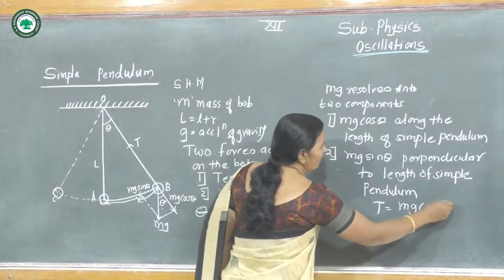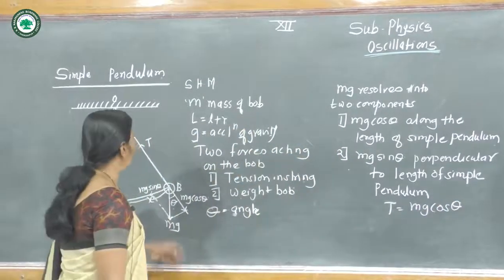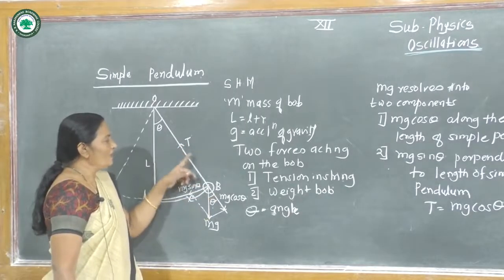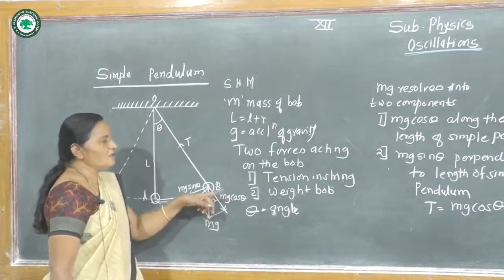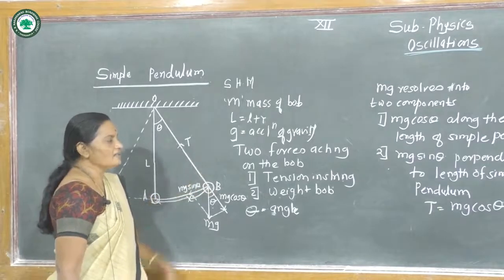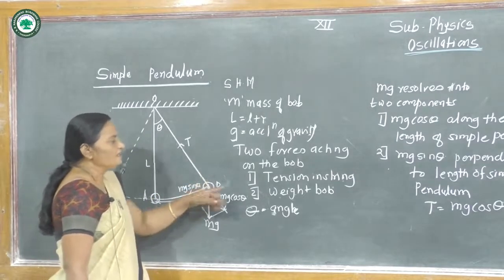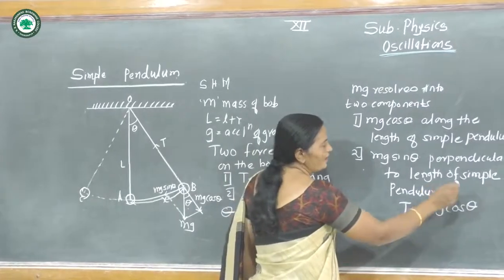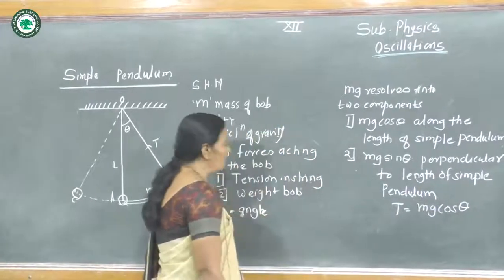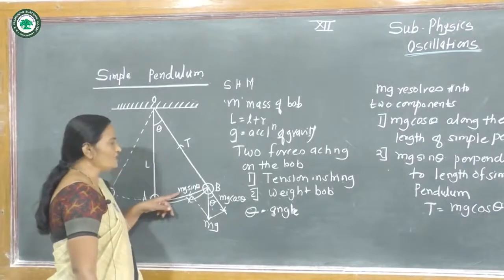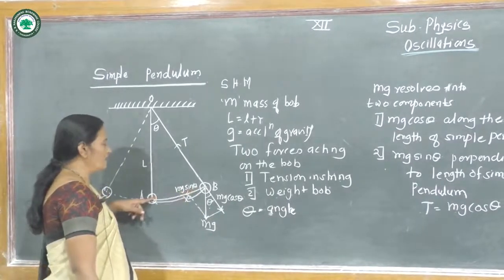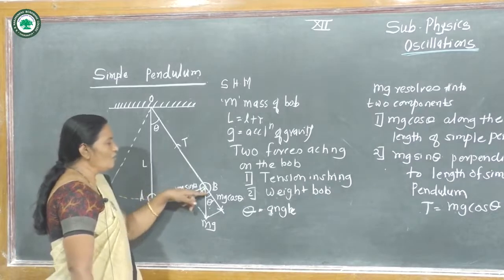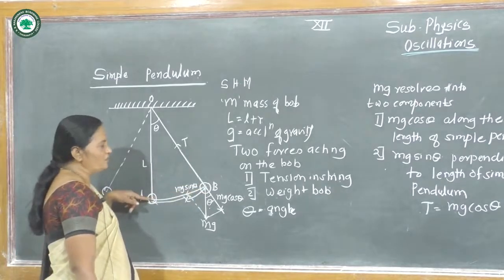They are equal and opposite, so they cancel out. The remaining component, mg sin theta, is towards the mean position. It takes the bob towards the mean position.